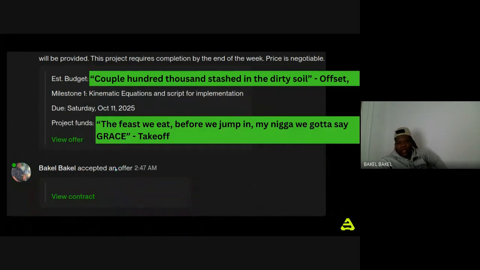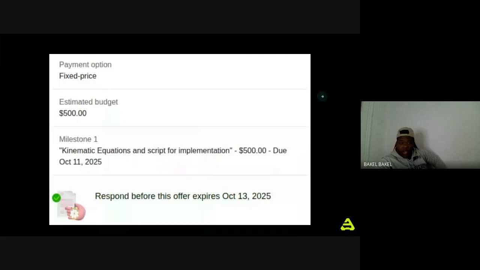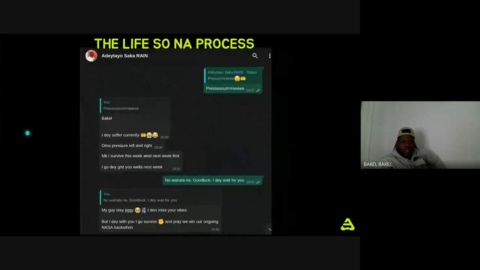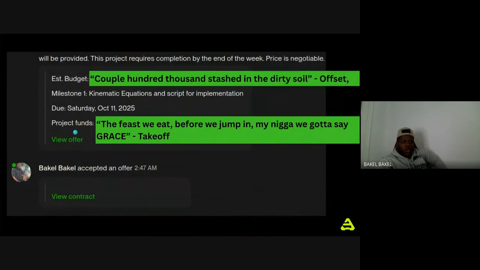Behind the scenes, this was how I actually got it for 1M. So what they do is you have the project funds, you have the estimated budget, you have milestone 1.